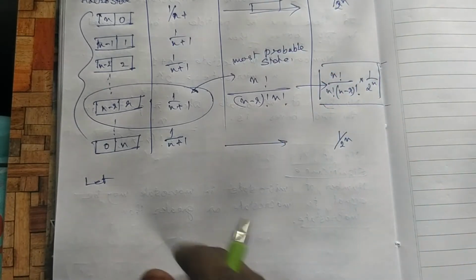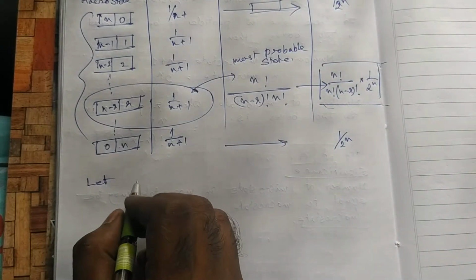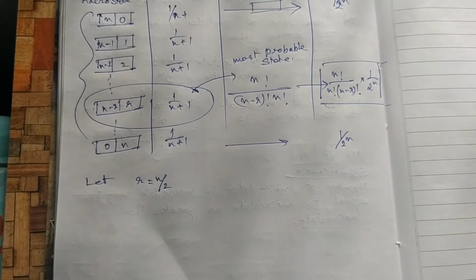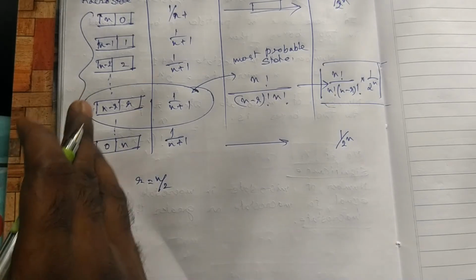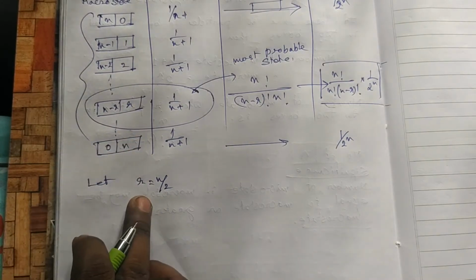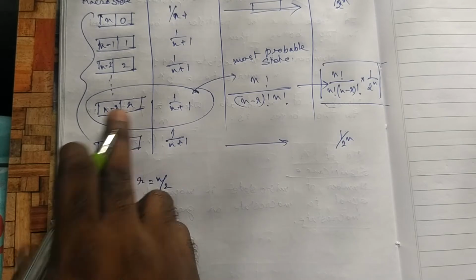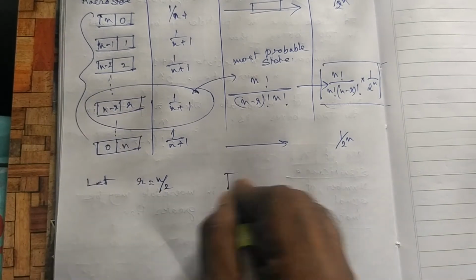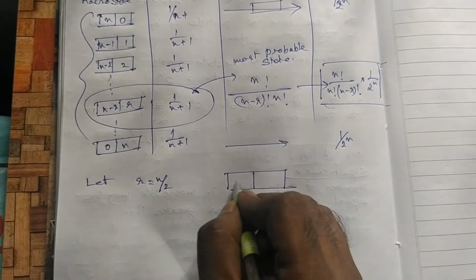Let us choose r equal to n by 2. Why r equal to n by 2? We just find the distribution in which the two boxes have an equal number of particles. So obviously if r is n by 2, then this box also has n by 2.